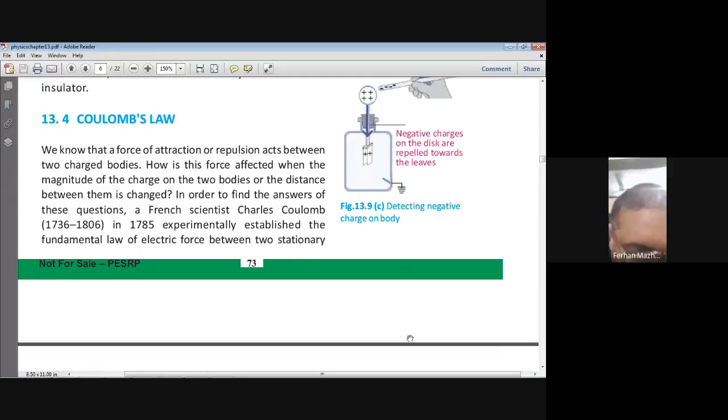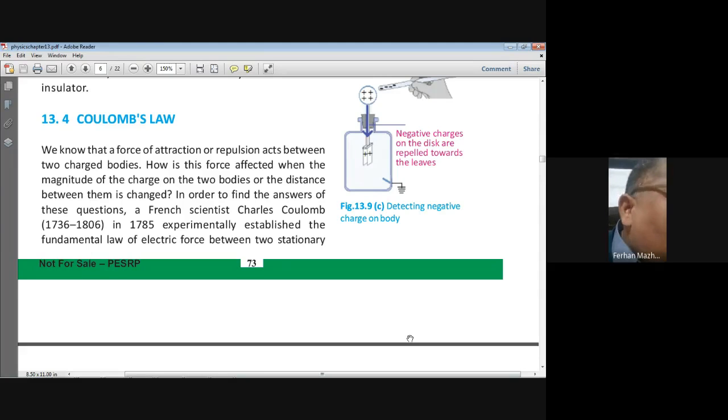If the charges are not the same, they will be attracting each other. We say that like charges repel each other, and unlike charges attract each other. Positive and negative will be attracting each other, while negative and negative will be repelling each other. Positive and positive will be repelling each other.